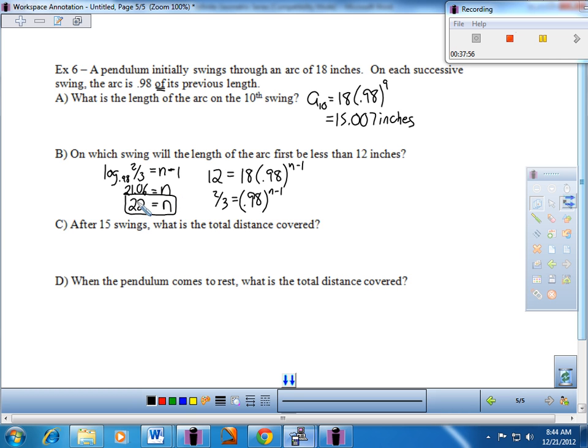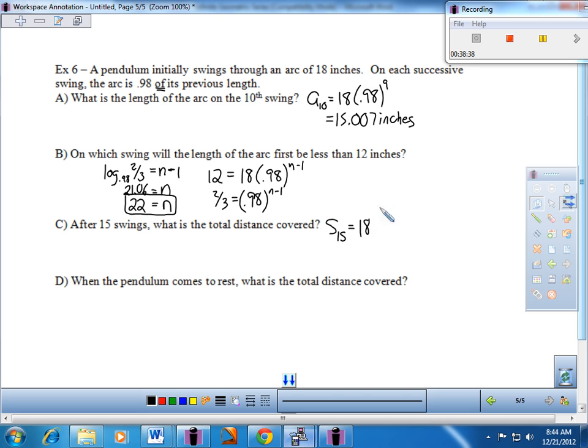All right, nice. Letter C, after 15 swings, what is the total distance covered? Total distance means we're adding all the distances together. Total is sum. Because we're talking about 15 swings, this would be a finite geometric series. So now we run that formula from before.